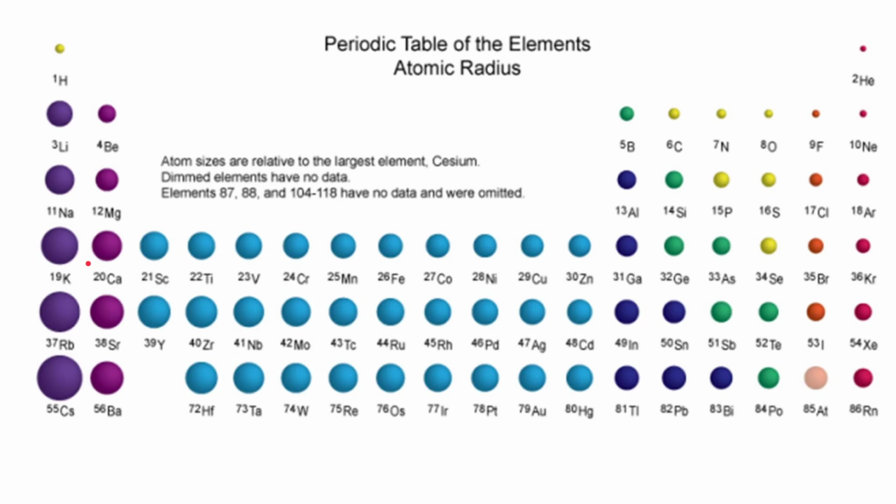So we're not adding or removing any shells. What we're doing though is we're adding more protons into the nucleus. So if you think about this, selenium, bromine, and krypton have 34, 35, and 36 protons respectively. That's a lot of positive charge in the nucleus acting on these electrons.